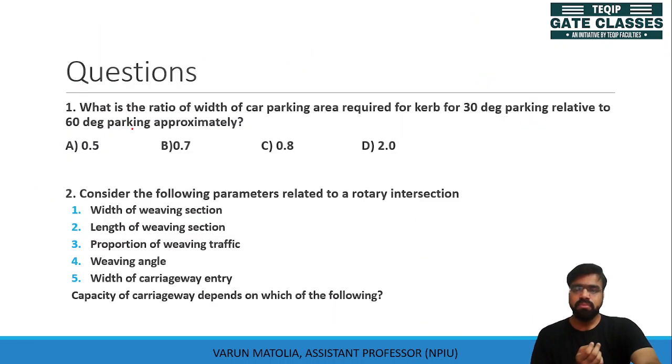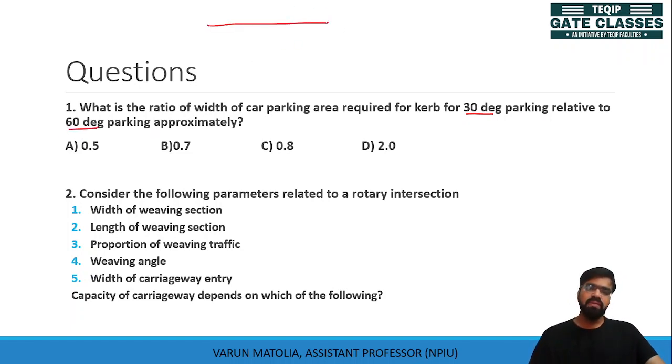Let us do some questions and see how to solve these kinds of questions. Question 1 is, what is the ratio of width of car parking area required for 30-degree parking relative to 60-degree parking? What the question is asking is, if this is the curb, we are parking our vehicles this way, then another vehicle this way.